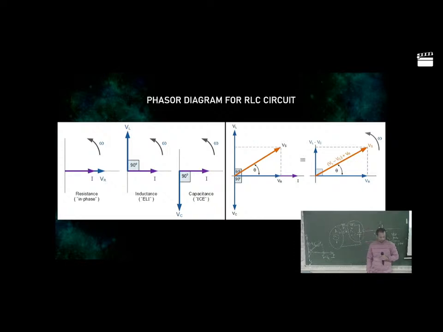One more thing. Suppose initially Somesh had explained the DC analysis, right? So why are we doing DC analysis and AC analysis?